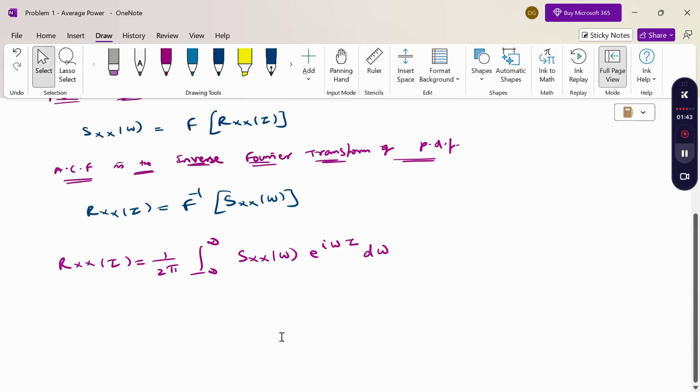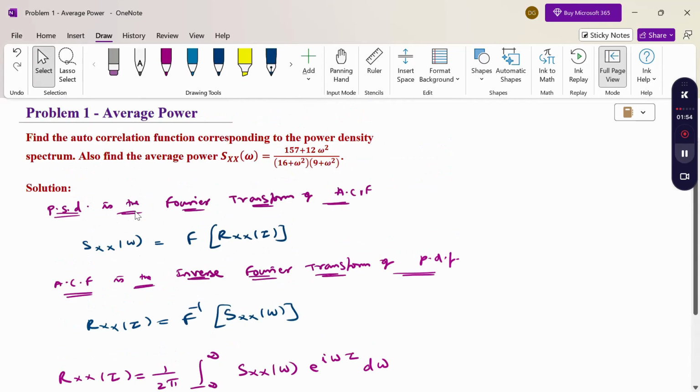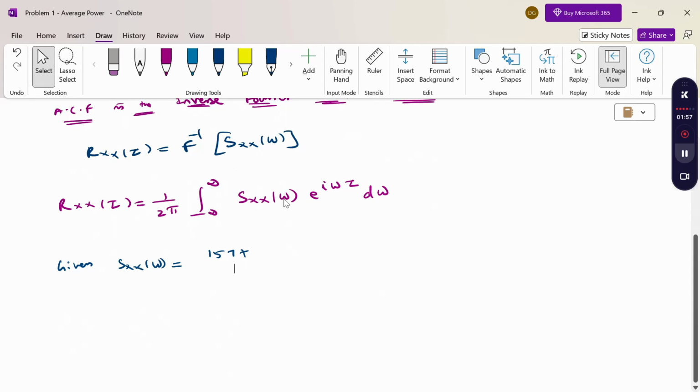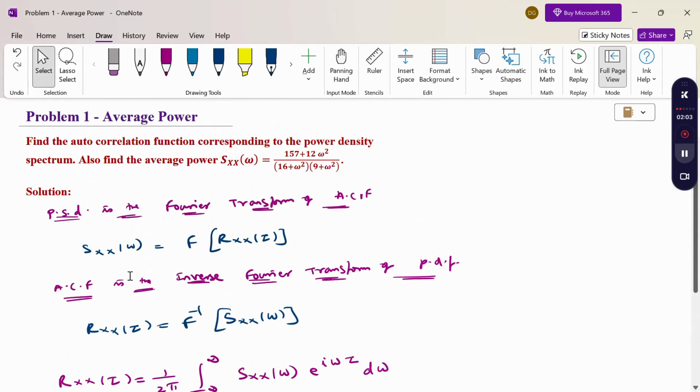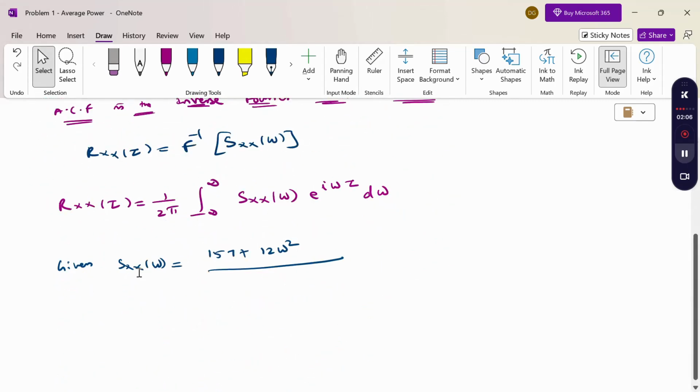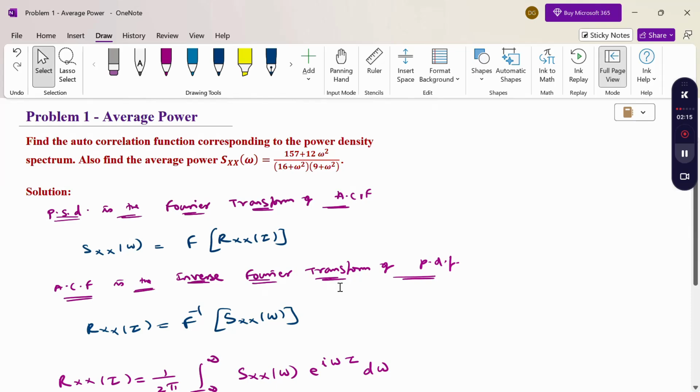So when we substitute the given problem, Sx of omega equal to 157 plus 12 omega square divided by 16 plus omega square into 9 plus omega square. So this is the given problem.